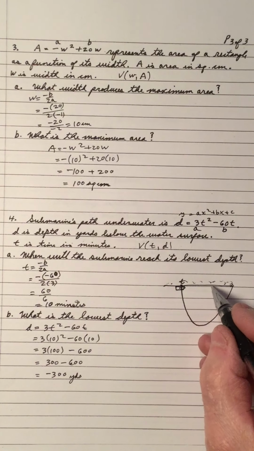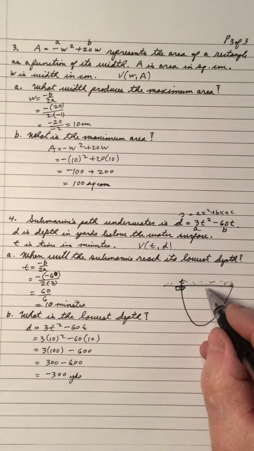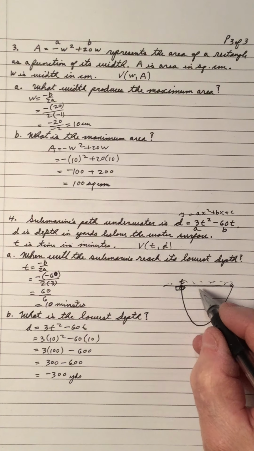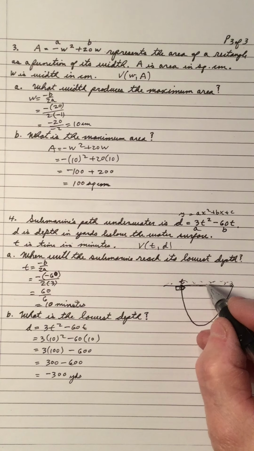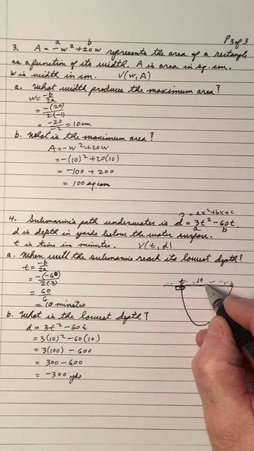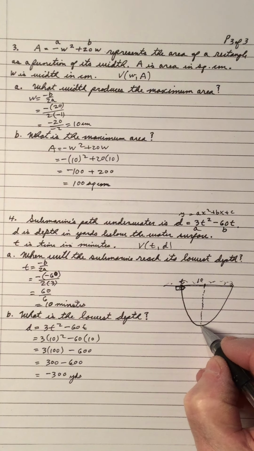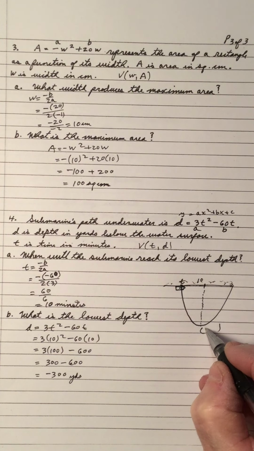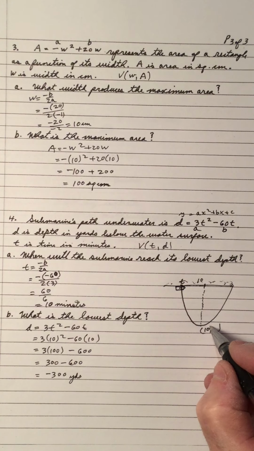So this time here, what elapses when it goes down and comes back up, and the vertex is in the middle. So as you move out here 10 minutes, where T is 10, you will have your vertex at 10, and the depth is negative 300.